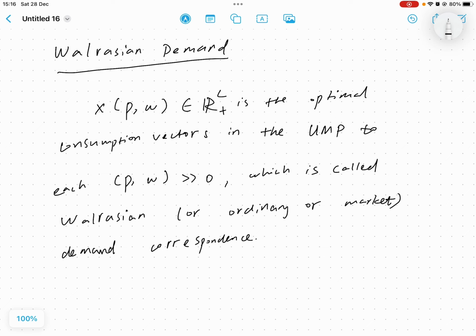Essentially, if the indifference curve is convex everywhere, the tangent point to the budget constraint will be just a point.